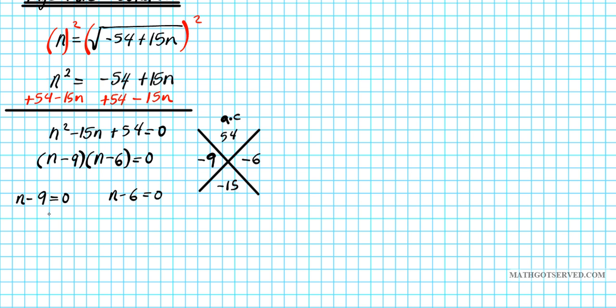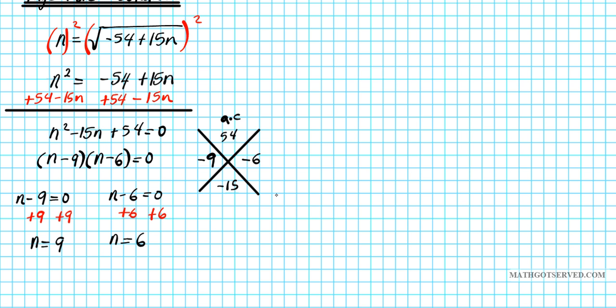Now let's solve the first equation on the left. We add 9 to both sides, and we have n equals 9 as your first possible solution. Second equation, you add 6 to both sides, and you have n equals positive 6 as your second possible solution.